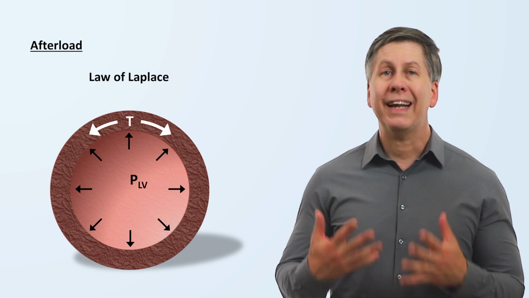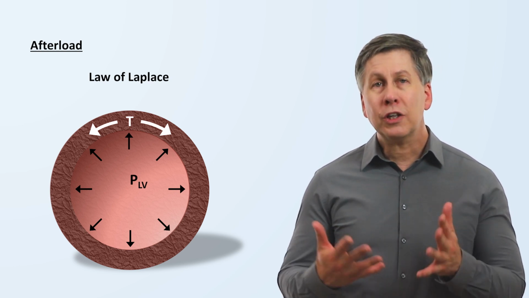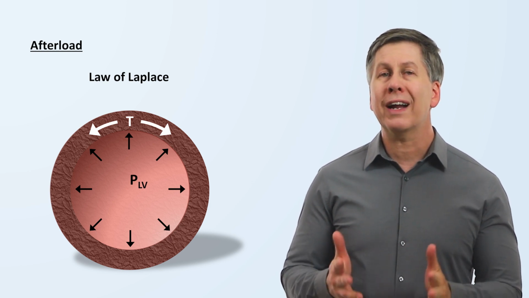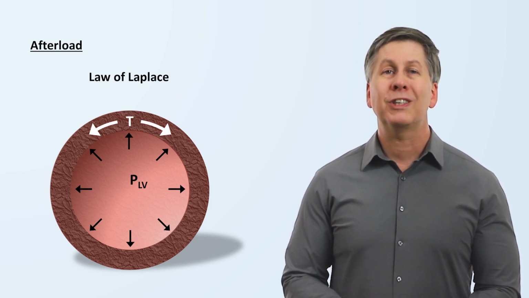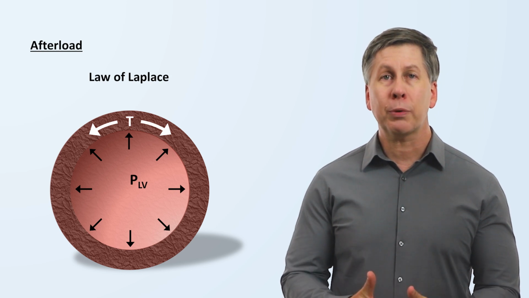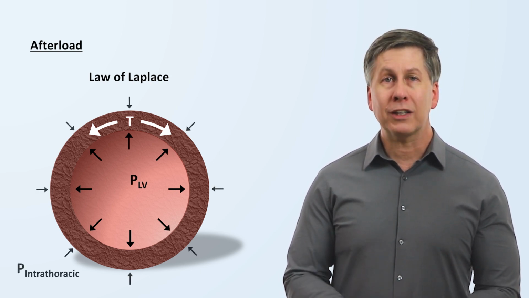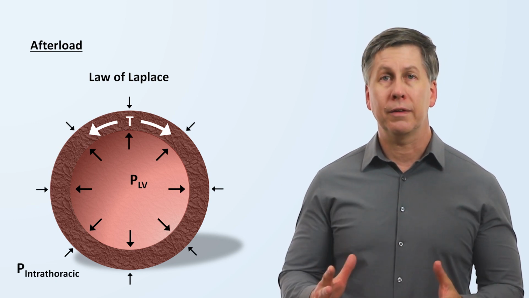However, instead of the intraventricular pressure, actually the most relevant pressure when discussing afterload is more precisely the transmural pressure, which is the difference between the intraventricular pressure pushing outward from the inside and the intrathoracic pressure on the outside.